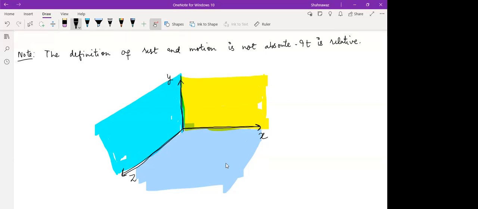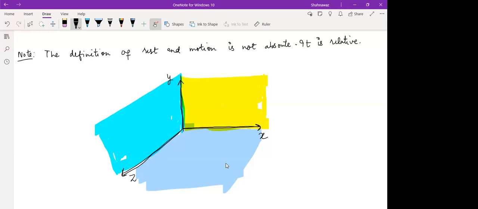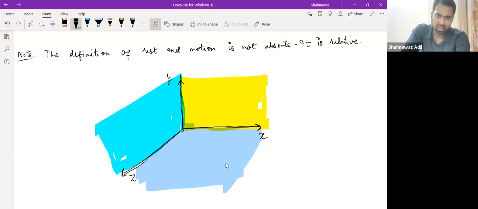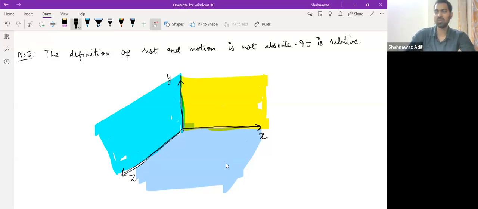Yes, sir. So in the bottom part of your room, the floor, how many dimensions do you represent the floor in? Floor is 2 dimensions, right?